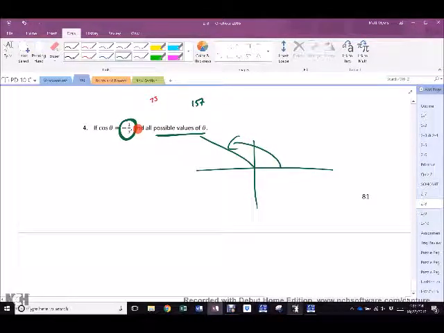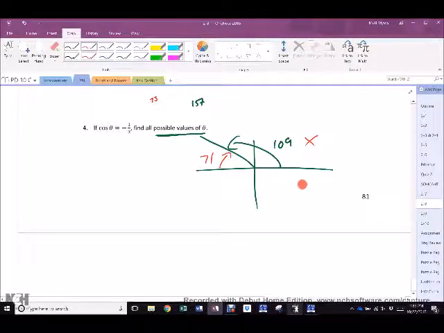What is this green value right now? No, what's the number for this green value? 109. What's the number for this value? 71. Now, if cos is negative, can it be out here? No. Can it be here?